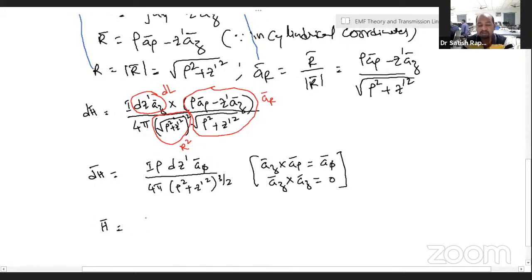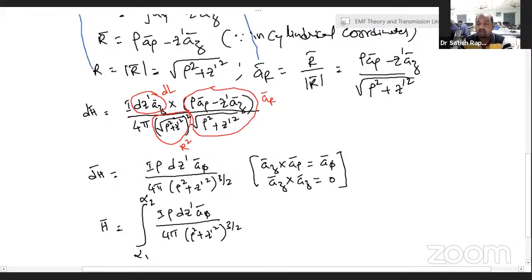H bar is the magnetic field due to the entire length extending from A to B as shown in the figure. So therefore, integrating I rho dz dash a phi bar divided by 4 pi, rho square plus z dash square power 3 by 2, from alpha 1 to alpha 2. So these are the limits, alpha 1 and alpha 2.